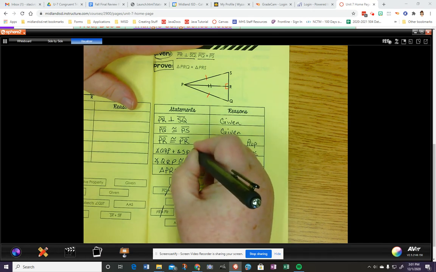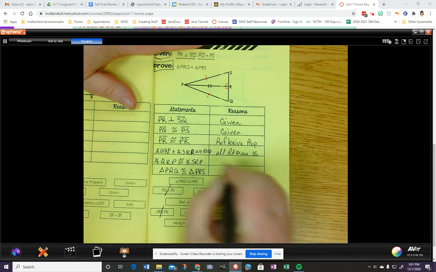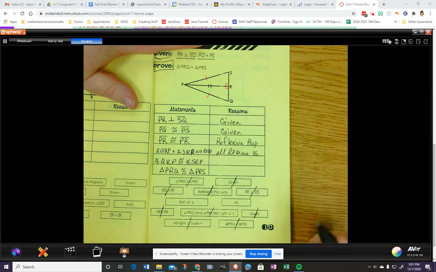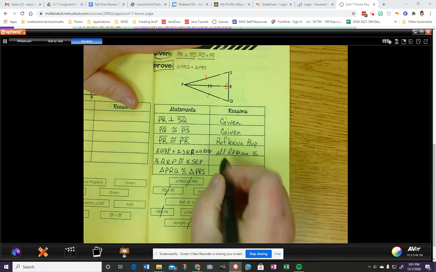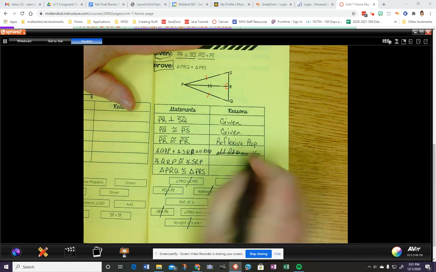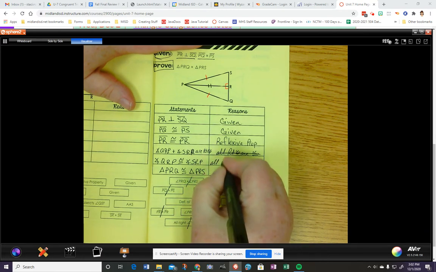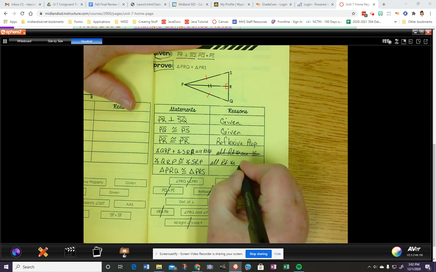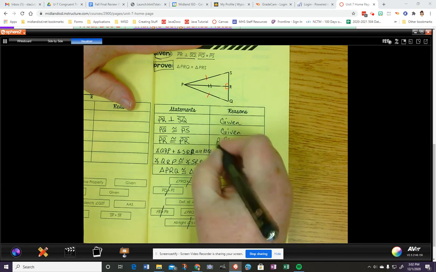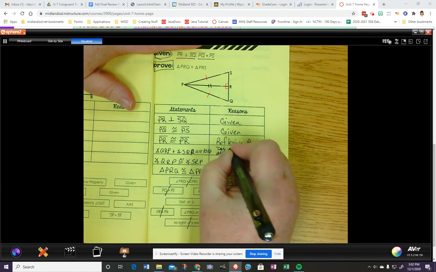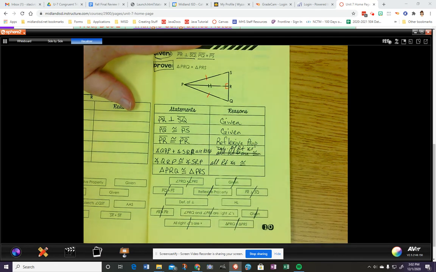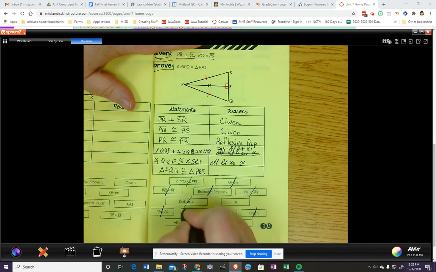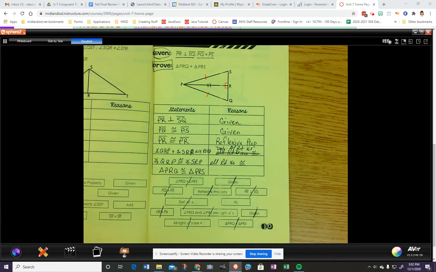That's a P. And that's by definition. I've got this one backwards. That's wrong. This one says all right angles congruent. This is definition of right angles. Had that one backwards. Sometimes you make mistakes.